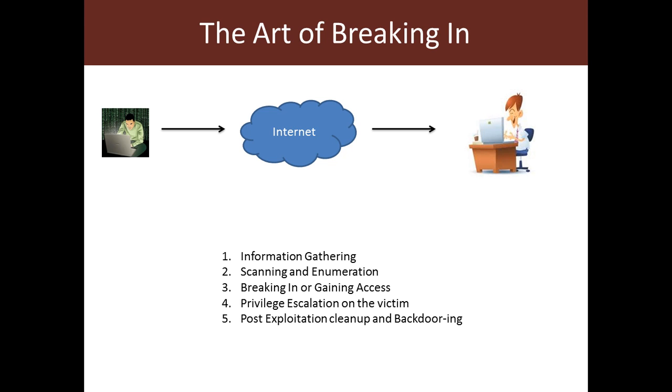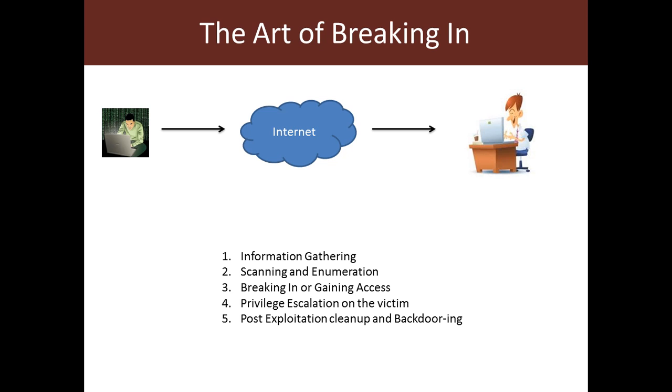Then once you've figured all that out, you go ahead and decide how to break into the system using some vulnerability for which an exploit is available, or you code your own exploit. Finally, you break into the system, gain access. Depending on what you broke in as, which is the amount of privileges you have, you might want to escalate your privileges on the victim using local privilege escalation attacks.